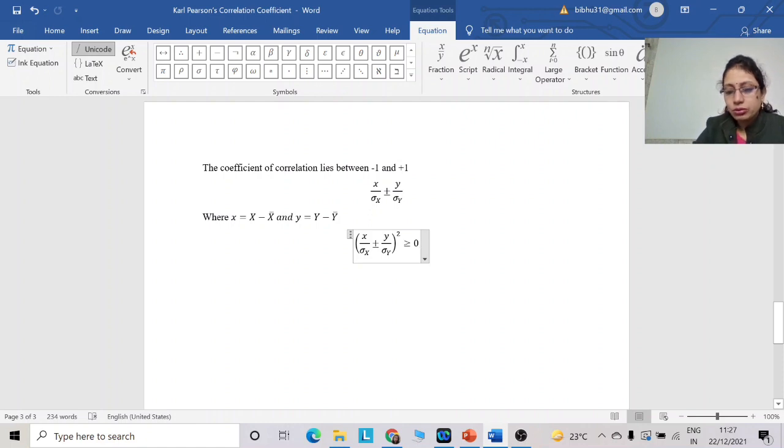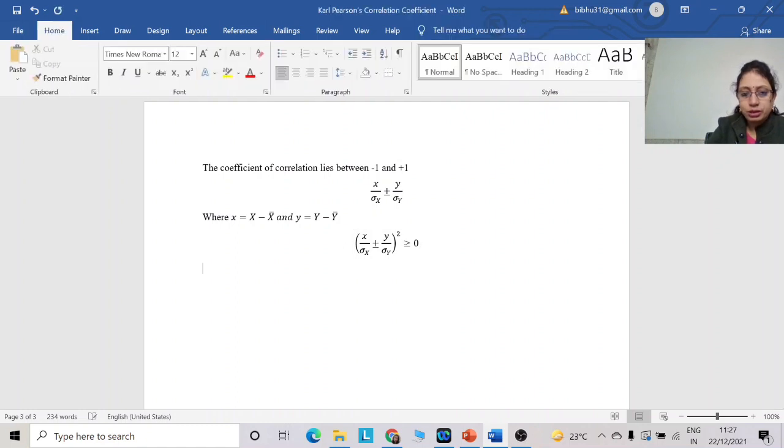Now if we take this over n observations, we can write the summation of x by standard deviation of x plus minus y by standard deviation of y, whole square, greater than or equal to 0.